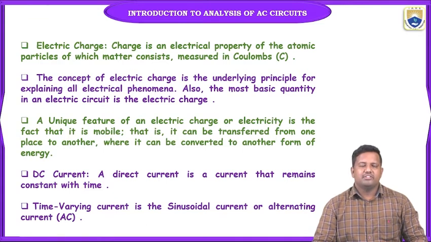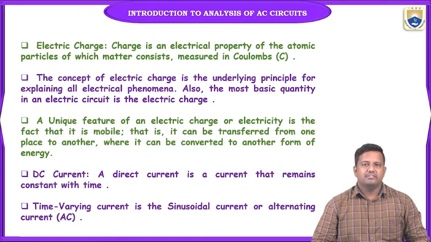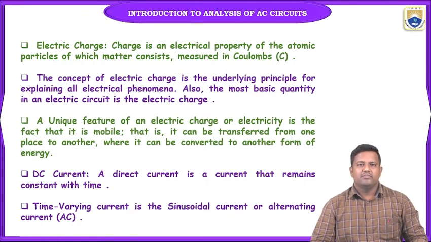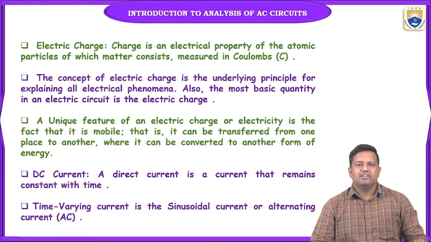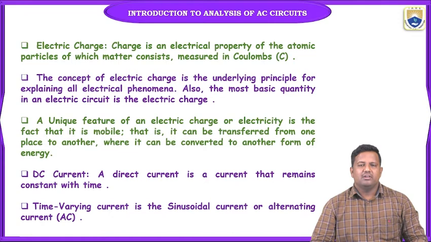To create this compulsion or momentum of electrons in a conductor, they require an external energy source. The electrons, or negative charges, consume that external energy and comfortably move from one point to another.